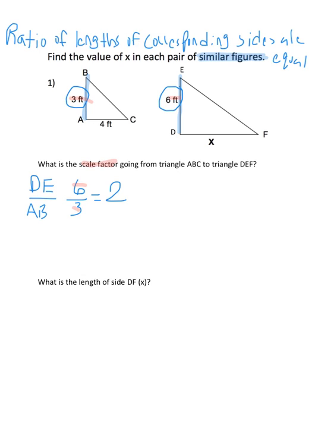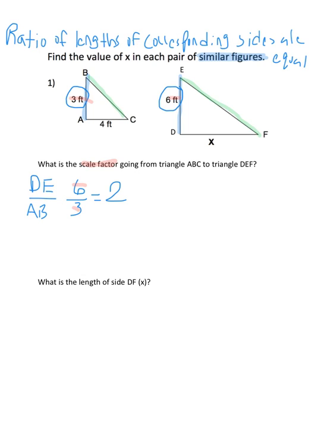Now because these triangles are similar, I know something important. In finding that scale factor, that 2, that tells me each set of corresponding sides, so for instance BC and EF, also share that scale factor. In other words, EF is also going to be twice as large as side BC. Why is that the case? Because the triangles are similar.